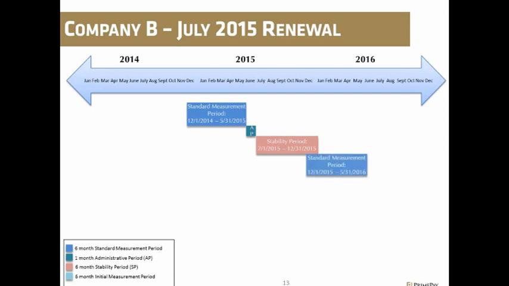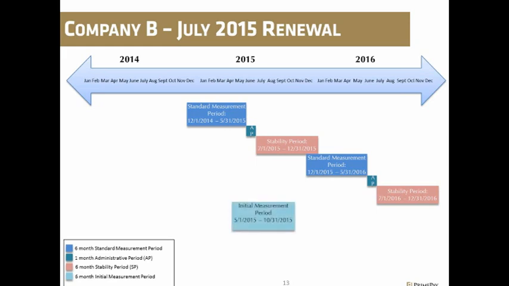And as you keep going through the motions here, the standard measurement period automatically kicks in again, 12/1/2015 through May 31st. All right? The administrative period is certainly going to be there, and the stability period. So again, as you look at the structure for ongoing employees, these periods remain very static. When you put it in a picture like this, hopefully it lays it out a little better.